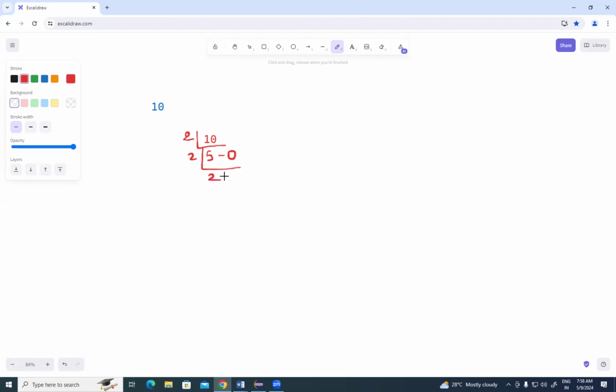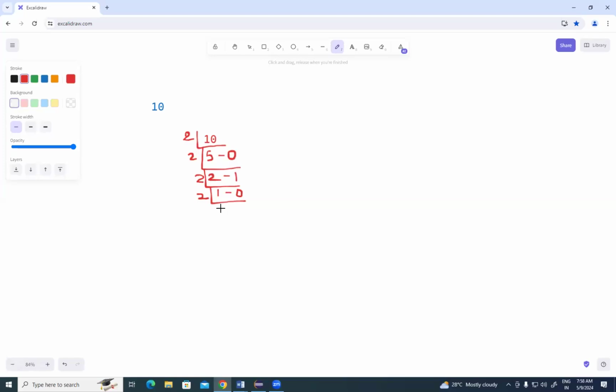What's the remainder? 1. Now you have 2 again. 2 ones are 2. What's the remainder, folks? 0. Am I clear? Again divide with 2.